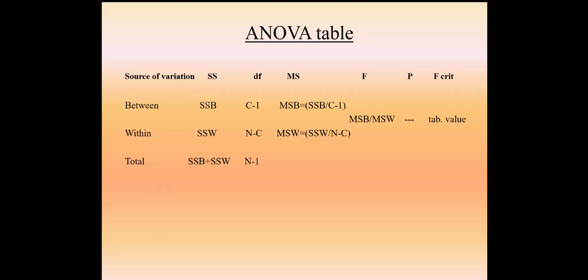I just told you that this can be obtained by squaring every individual sample total and dividing by its n. Likewise, every sample's total divided by n will be totaled, and from that the correction term value will be subtracted. Then within it is SST minus SSB, and total is the total of SSB as well as SSW.